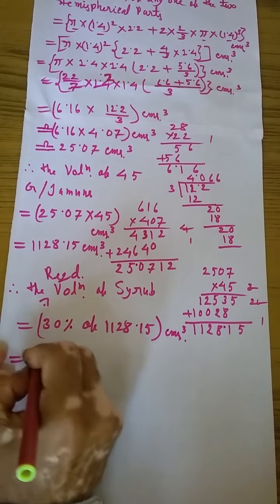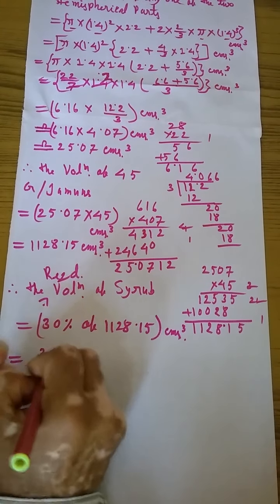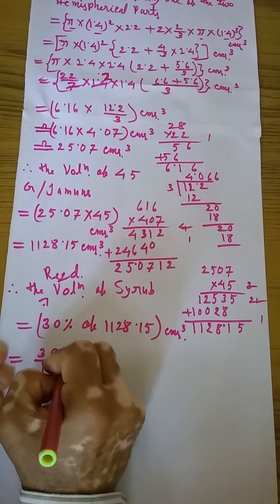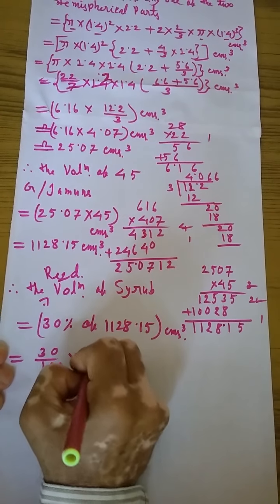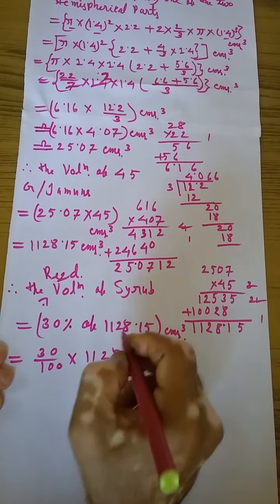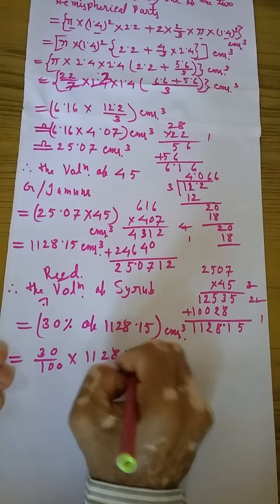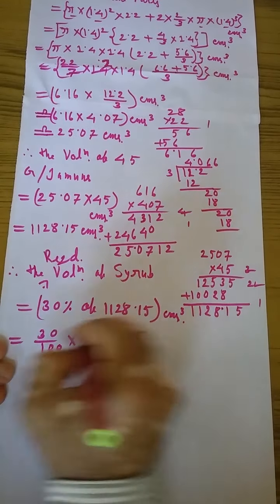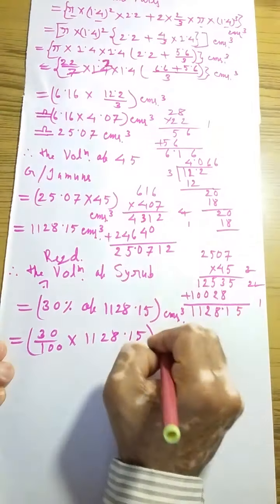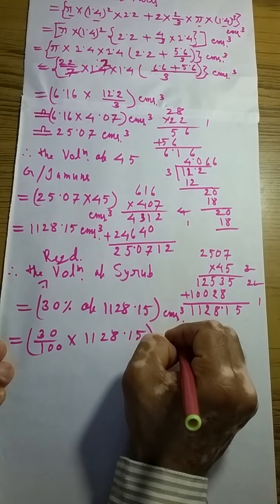This is again equal to 30 by 100 into 1128.15 cubic centimeters.